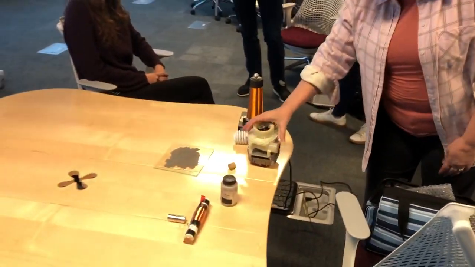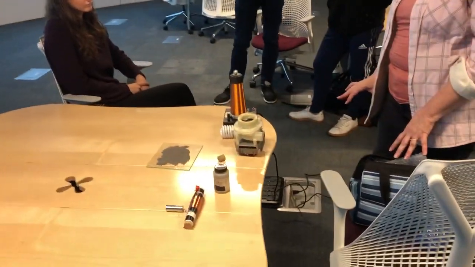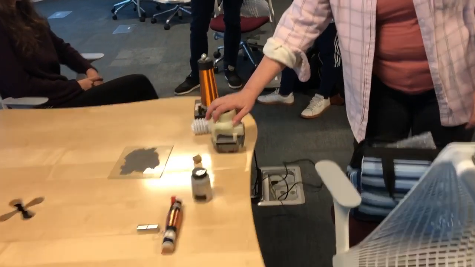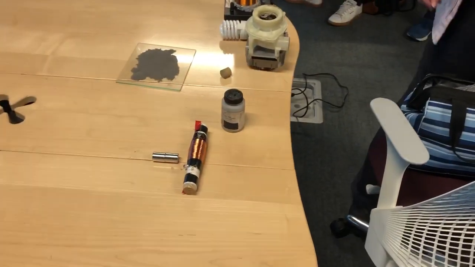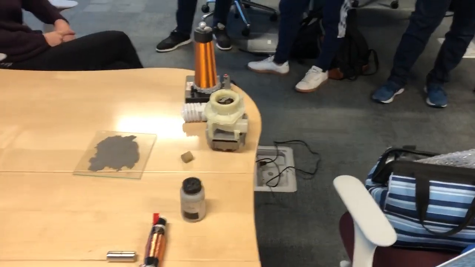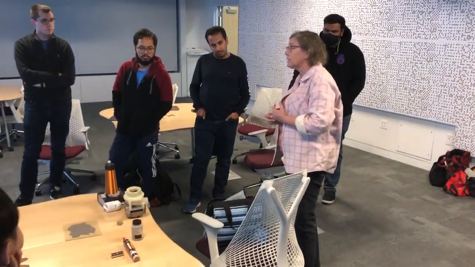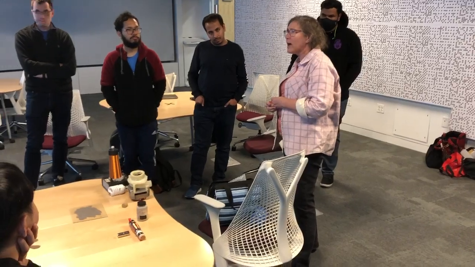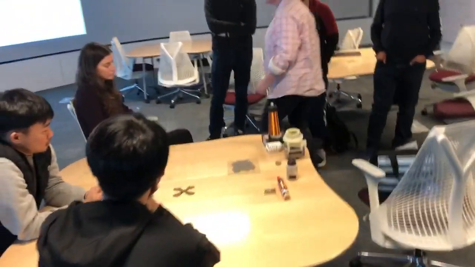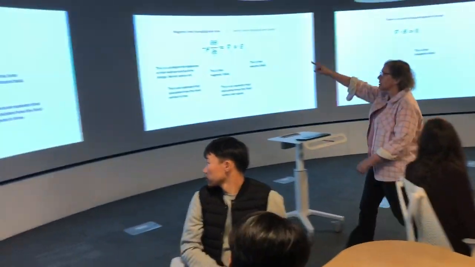Now the thing that's a little confusing sometimes, if you look at this demo or this demo, is that in both of those demos I've got fields and I've got currents. So how do I know which one of these applies?